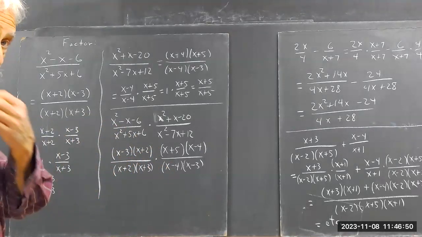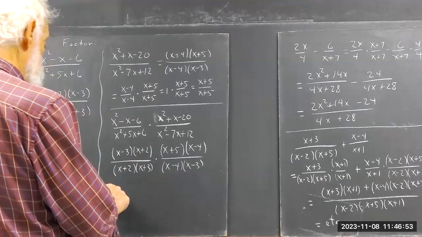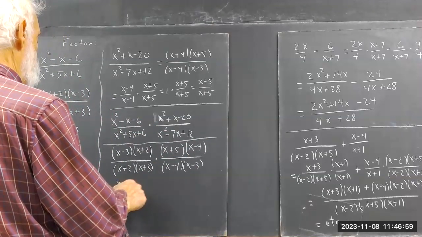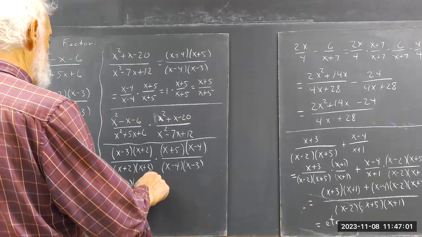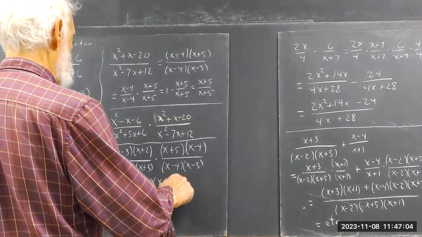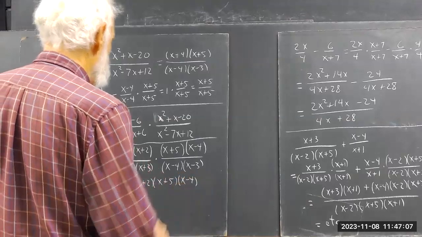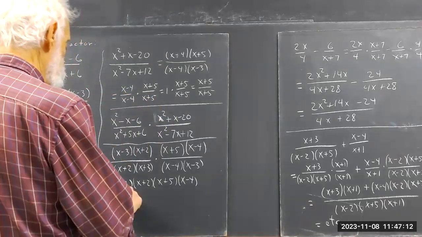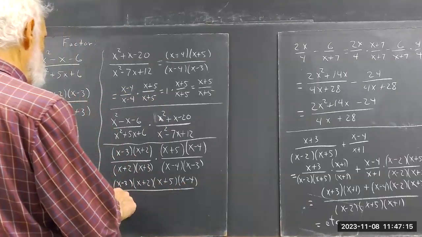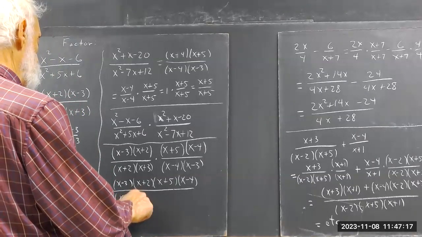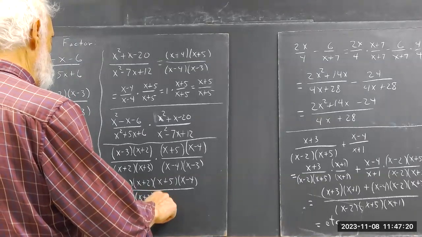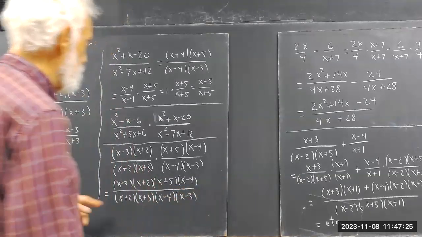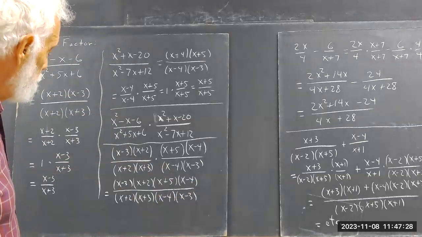So if I multiply these together, you're going to get this for my numerator, because we just multiply the numerators. And then we multiply our denominators.